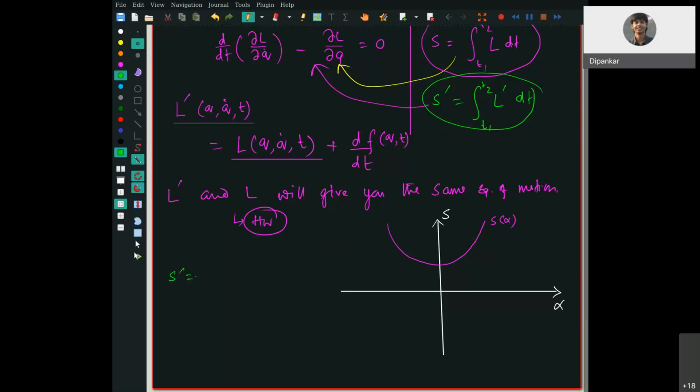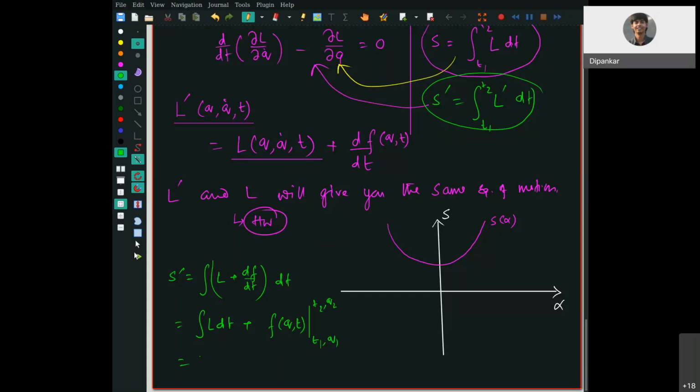S prime is L prime dt, which is L plus df dt dt. All right. Now again, the integration of L dt plus df dt, you can integrate already. So this is f of q, t from t1 to t2, or like f of t2 q2 minus t1 q1, because the integration of df dt is that.